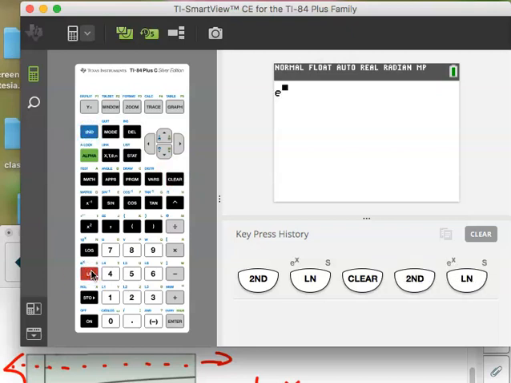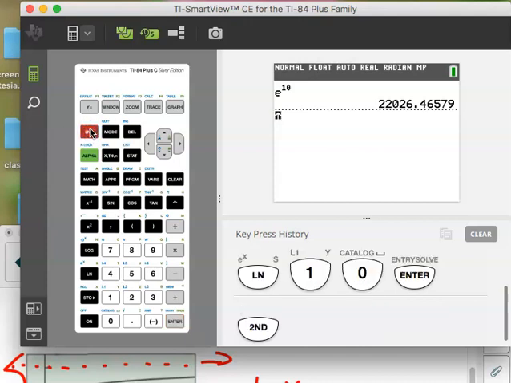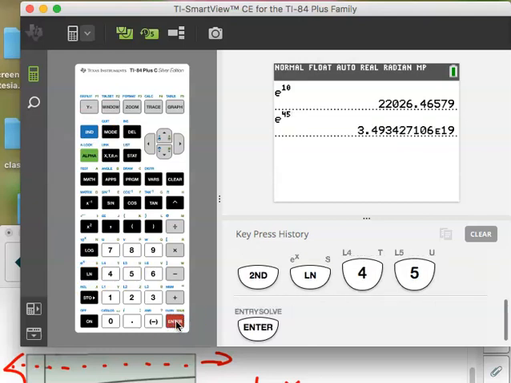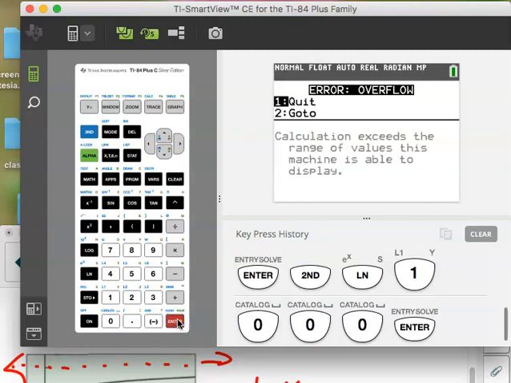There we go. E to the 10th. Still going to get an x value. E to the 45th. Still able to do it. E to the 1000.